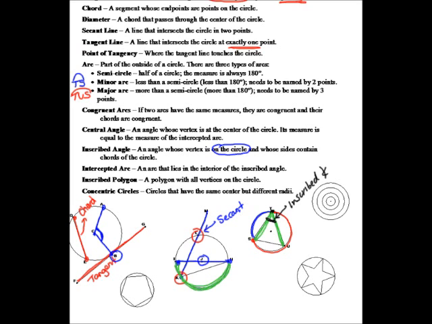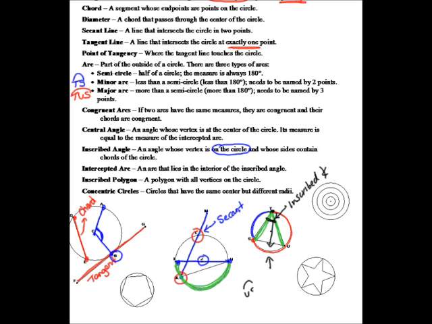Now, an intercepted arc is the arc that lies in the interior of the inscribed angle. So looking at that inscribed angle, the intercepted arc would be the arc that's across from that angle. So the intercepted arc is the arc on the circle.